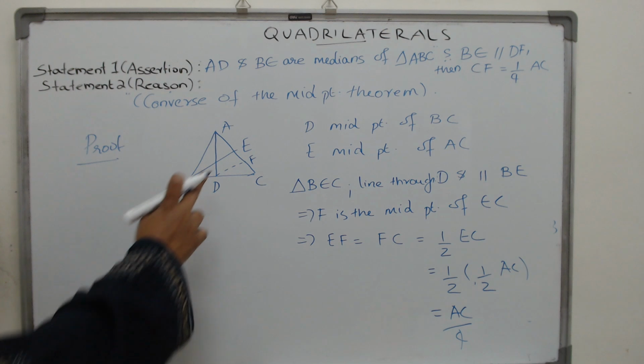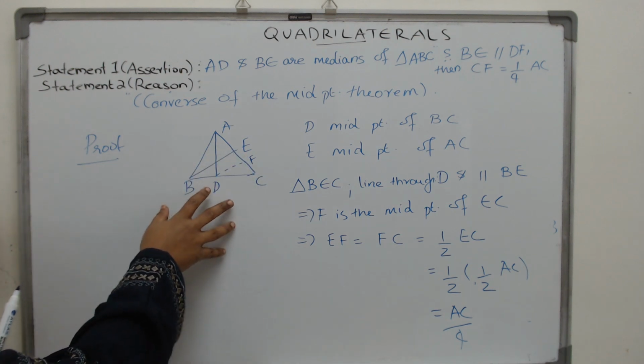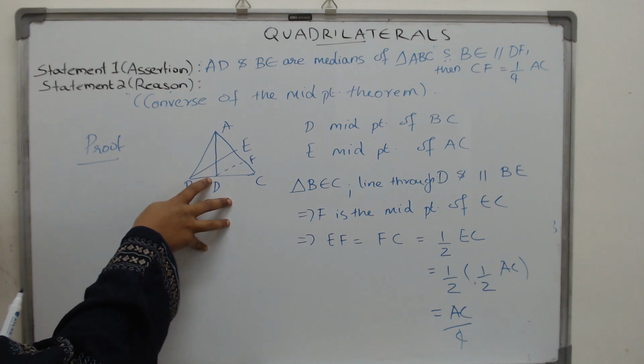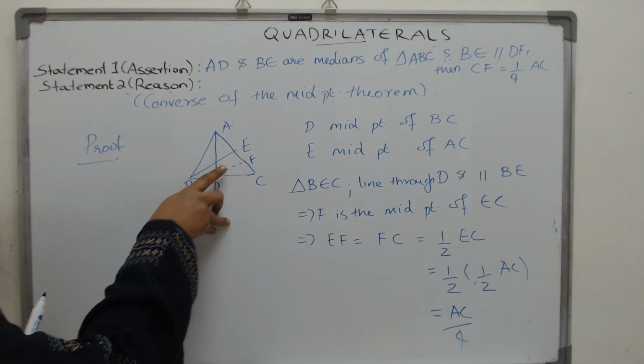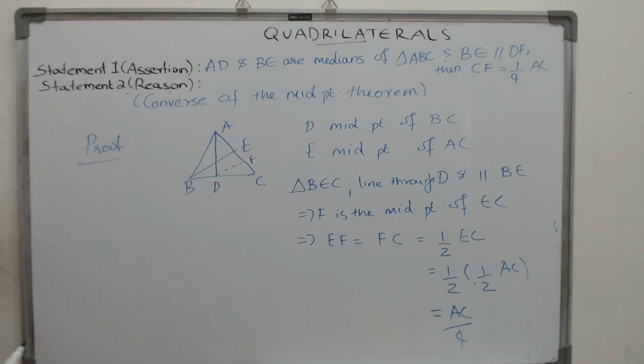Now consider this very small triangle. What do you see? You know the midpoint of one side. You are seeing a parallel line. Then the place where the parallel line meets, that point has to be the midpoint. That is what the converse of the midpoint theorem states.